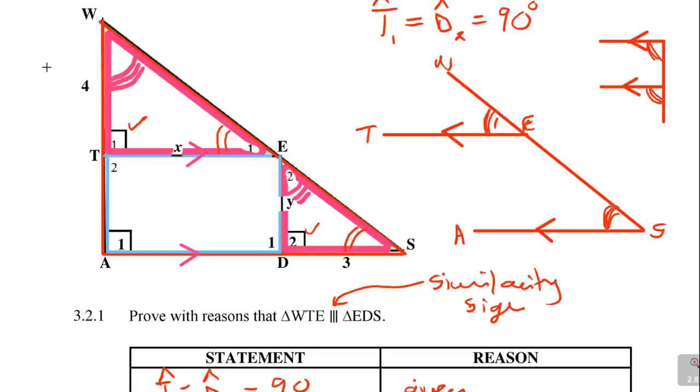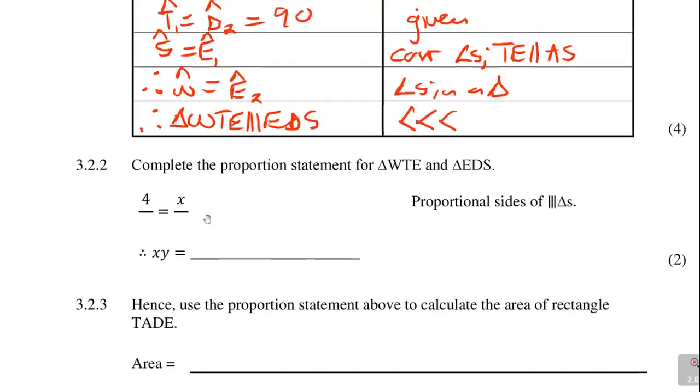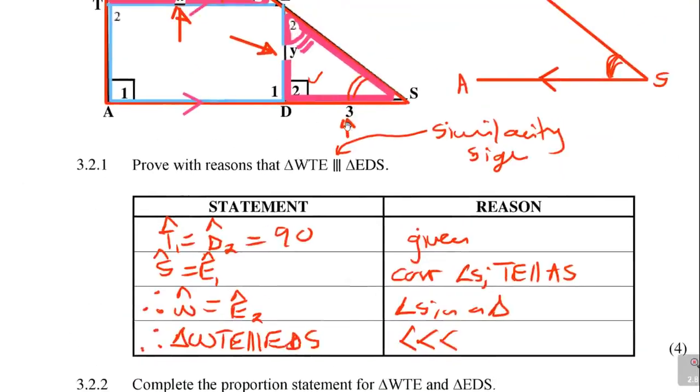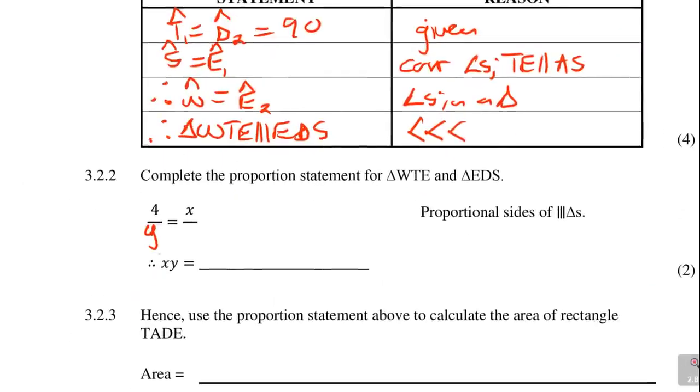Where there is the 4 is where there is the y, that's this side. And where there is the x, it's where there is the 3. So 4 over y is equal to x over 3. That's what they wanted there.